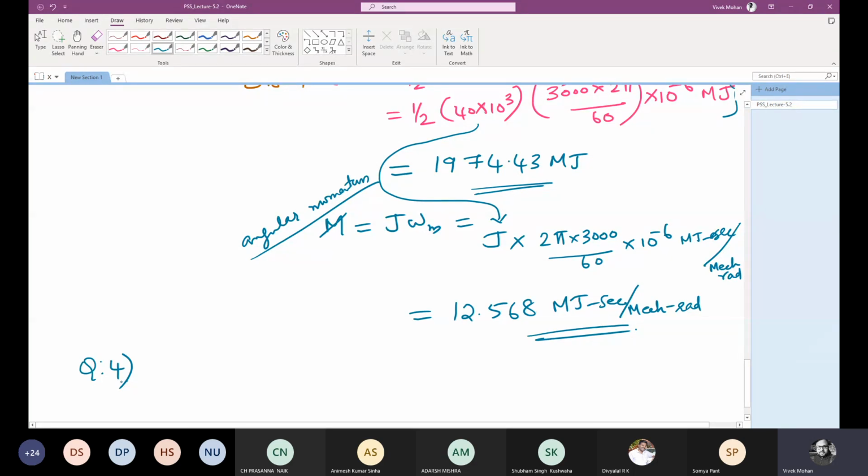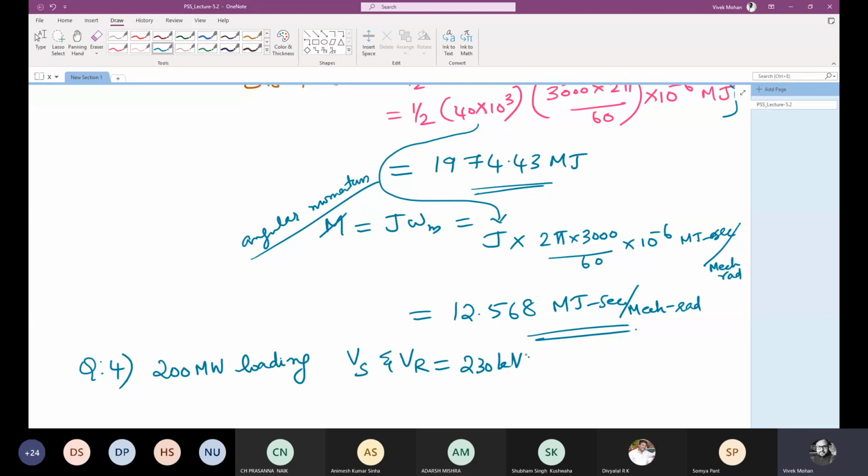The sending end and receiving end voltages of a three-phase transmission line at a 200 megawatt loading are both equal to 230 kV.